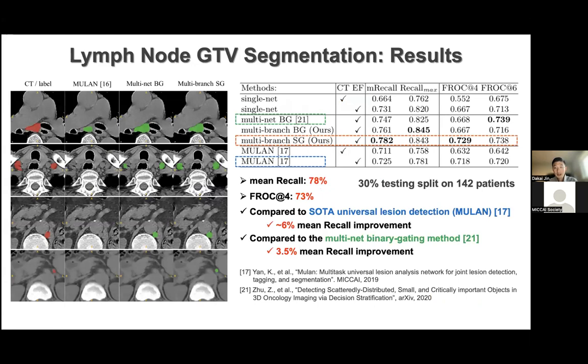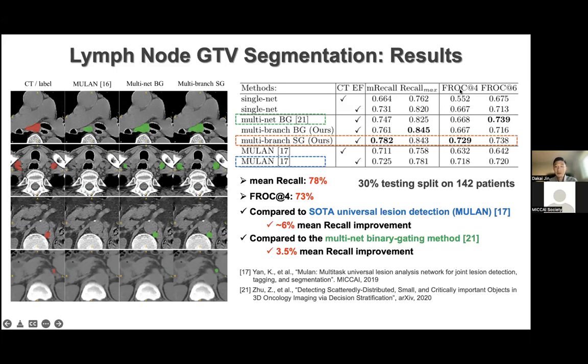In short, this distance stratification mechanism can improve the recall of the GTV lymph node segmentations. They achieve an average mean recall of about 78%.